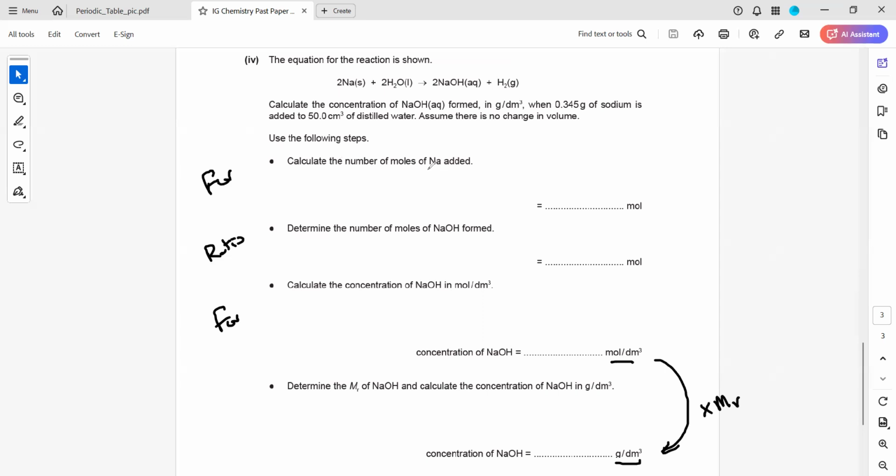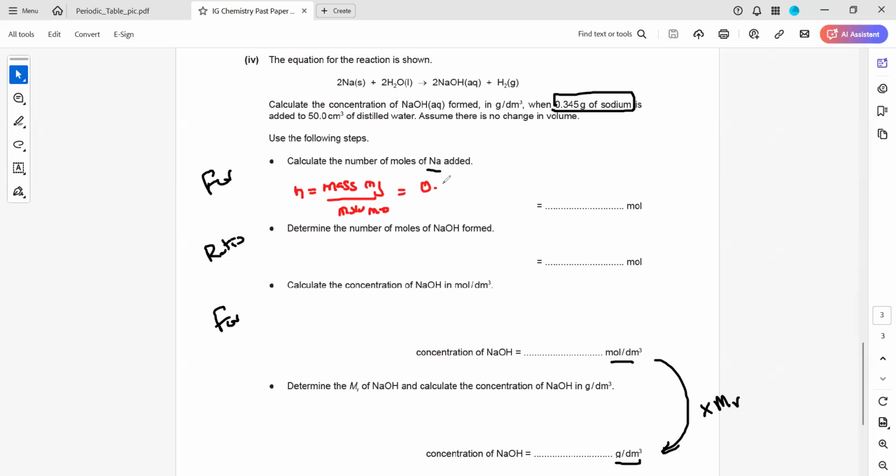Calculate the number of moles of sodium. What is given about sodium in the question? The mass is given. If we know the mass of sodium, the formula to get the moles is mass in grams divided by the molar mass. Molar mass means atomic mass or molecular mass.